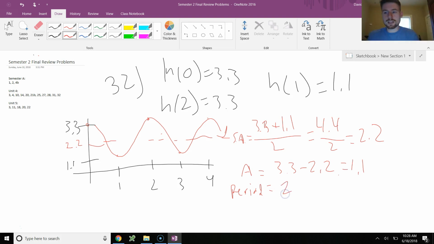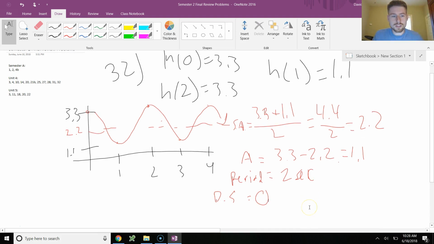That's just 2 seconds, which is given to us. Then we have the phase shift. If we use cosine, there's no phase shift because it starts at a peak. If it didn't start at a peak, we'd have to move our peak to the right by some amount to get a peak to line up. So there's no phase shift, which is great.